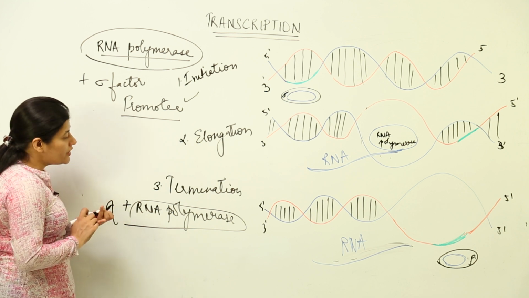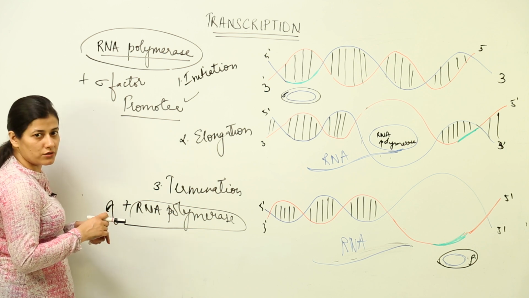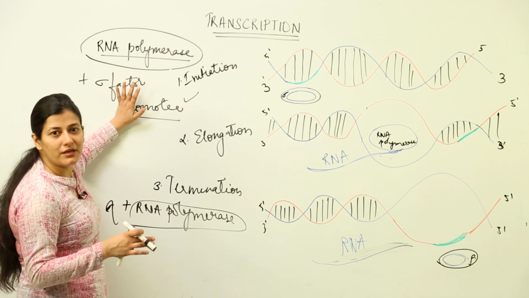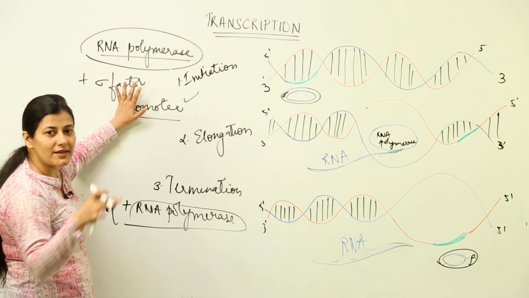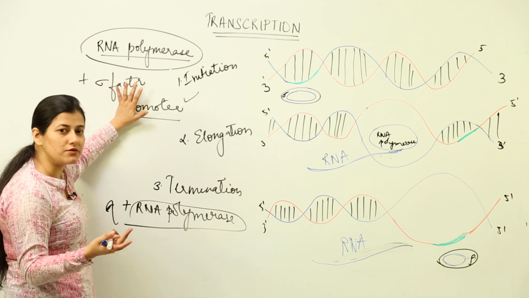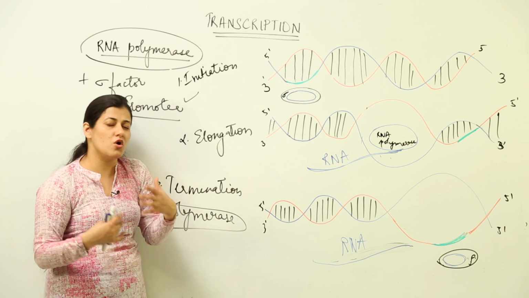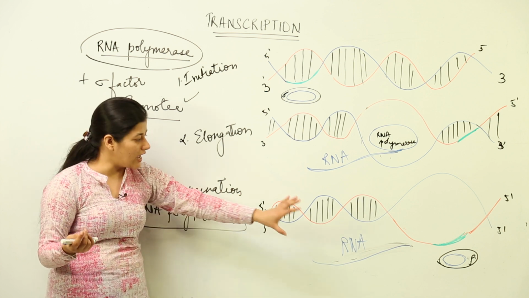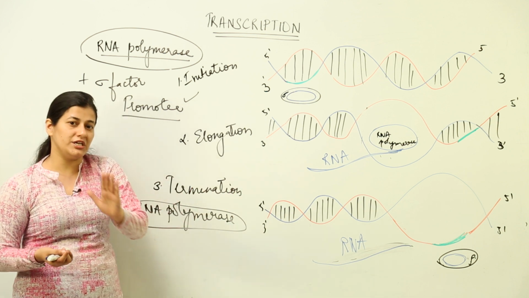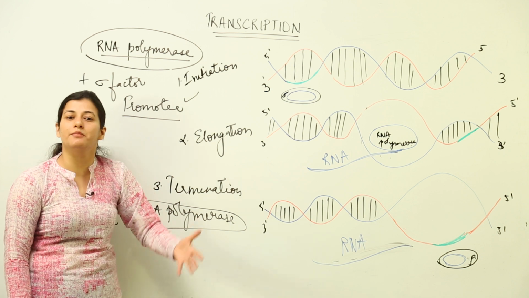Now, as I told you, the process is similar in prokaryotes and eukaryotes. Now, in prokaryotes, there is no compartmentalization. The nucleus is not separate from the cytosol. Whatever is there, it is present in the cytosol. So, as soon as this RNA is being formed, there is no problem of forming this RNA, converting it into messenger RNA, and the protein formation, that is protein synthesis, known as translation, may start simultaneously.